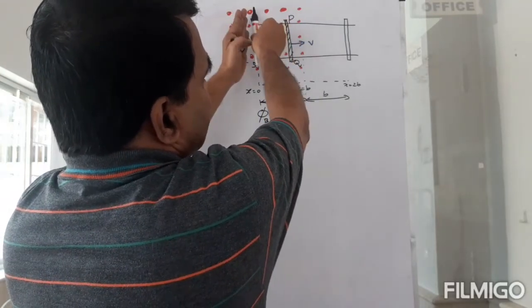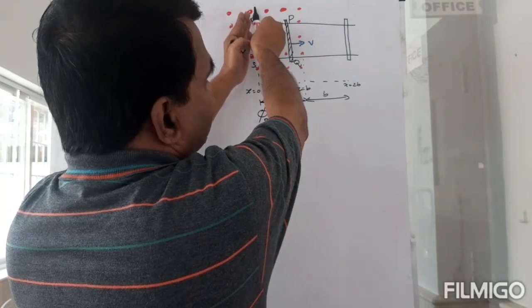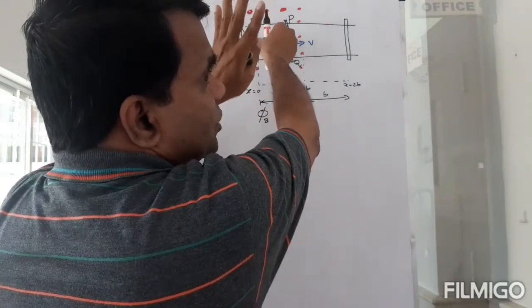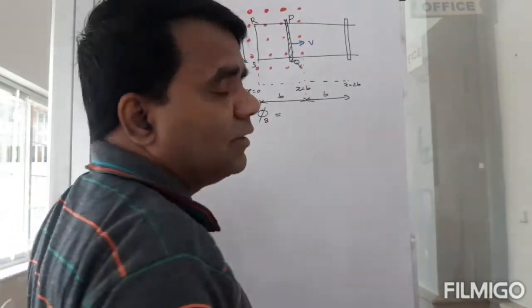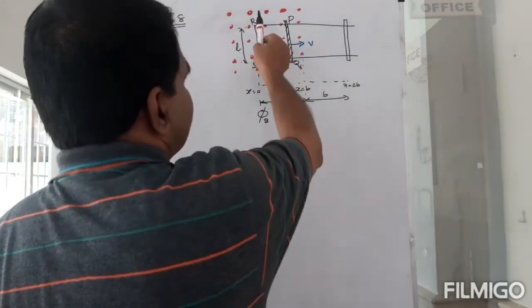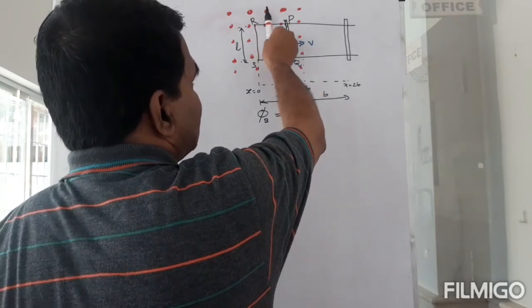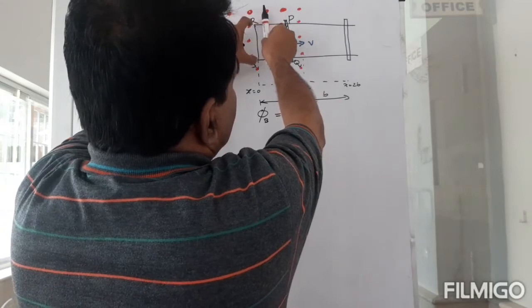The area is 0, so there will be no flux which goes through that area. But then as you keep increasing, this changes. So there is flux that is changing.